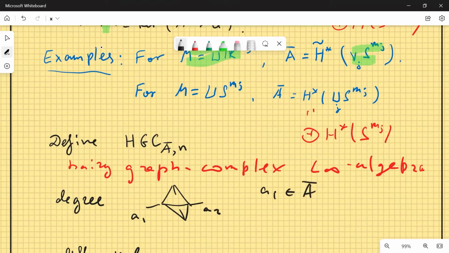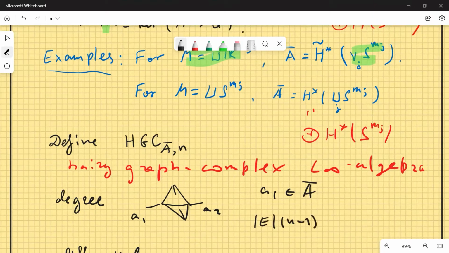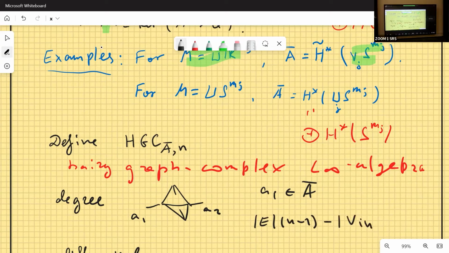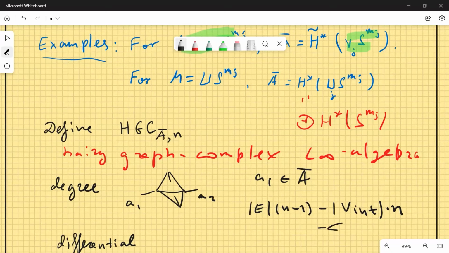And the degree is computed as the number of edges times (n minus 1), minus the number of internal vertices times n, and minus the sum of degrees of each label that we put in univalent vertices.